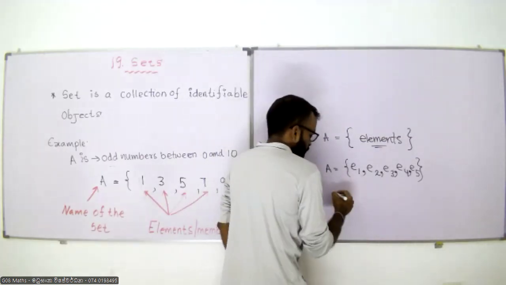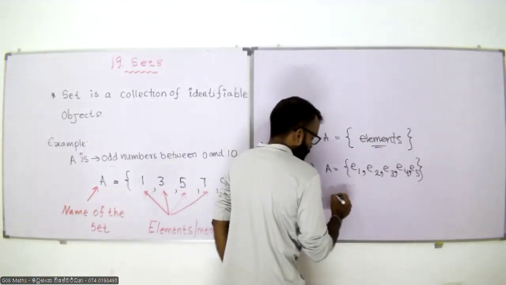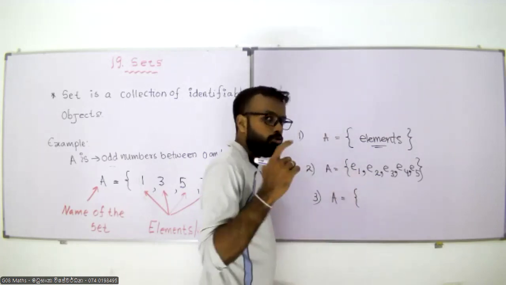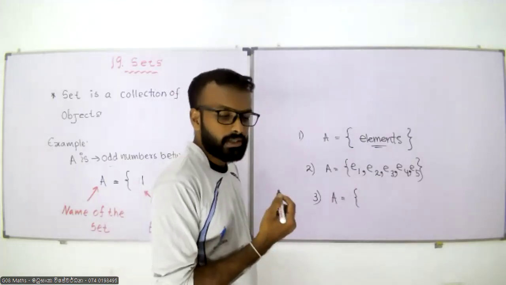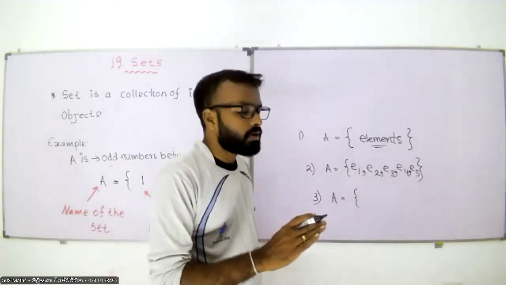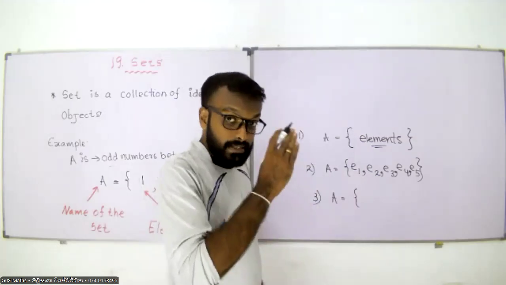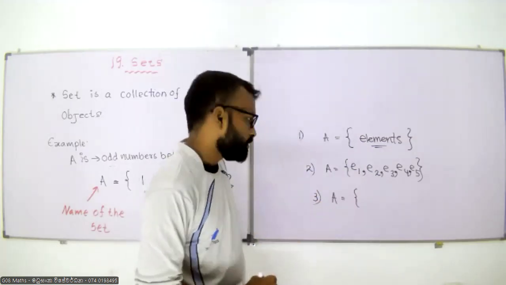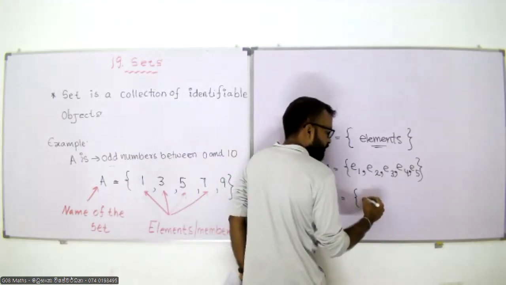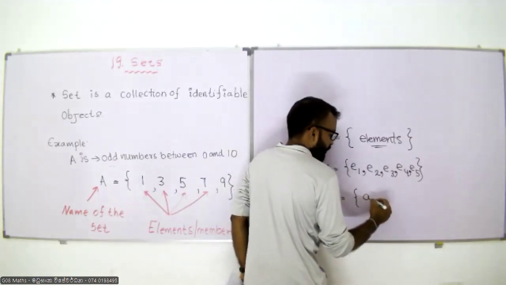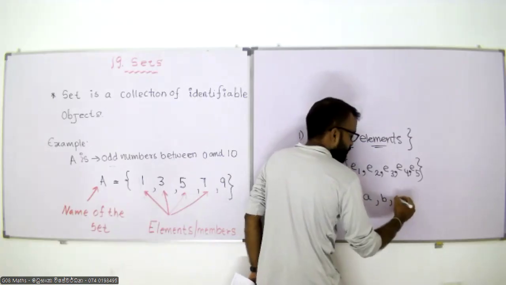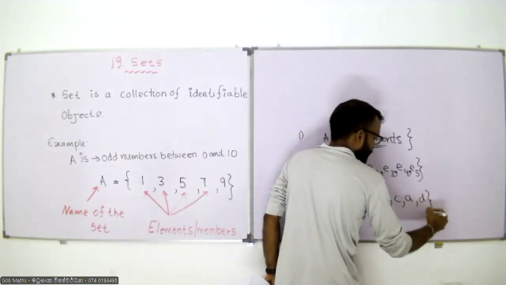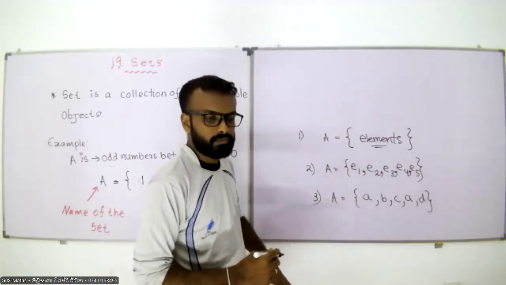Third one: when you are writing down a set, you cannot repeat the same element twice. For example, you cannot write something like this: A, B, C, A, comma D. Now, is this correct?